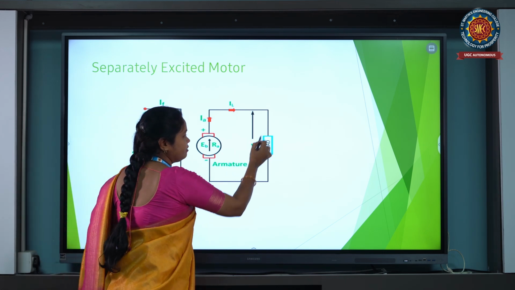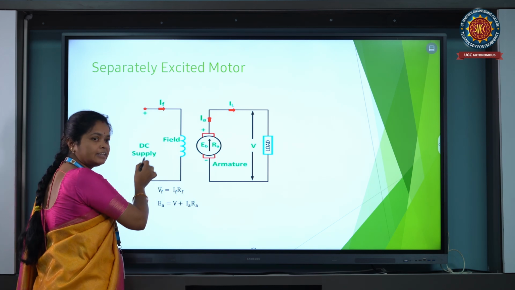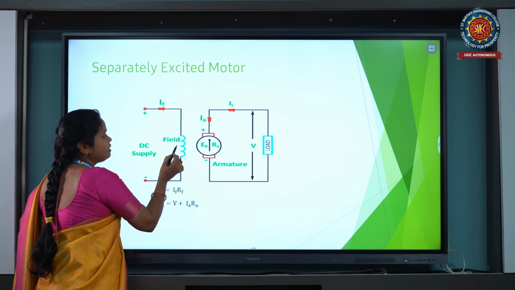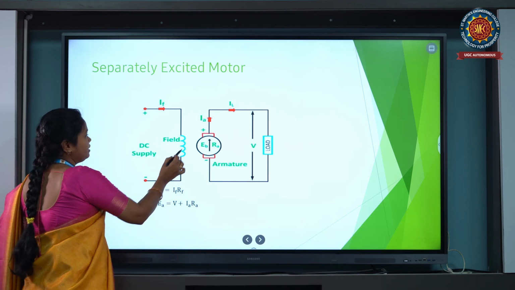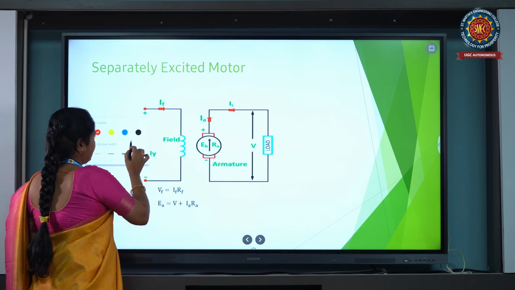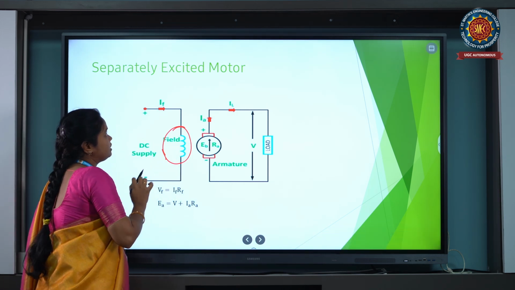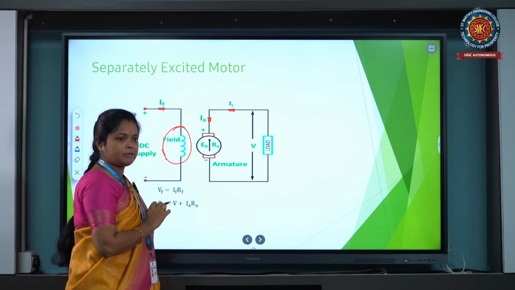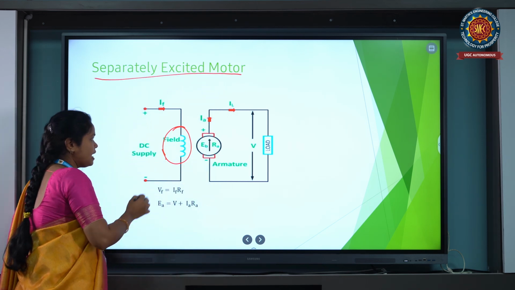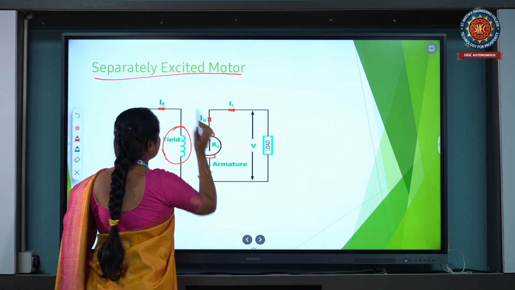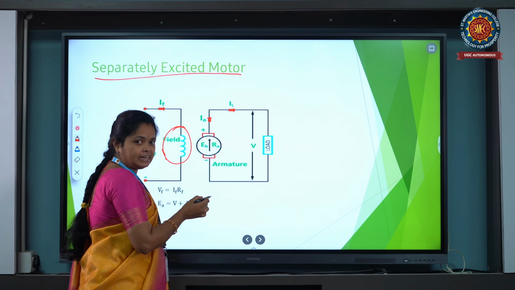Here we are connecting one load, and next we require another DC supply. When we give this DC supply to the field, the field winding will be excited. This type of motor is called a separately excited motor. From the motor principle, the input we are giving is electrical energy.